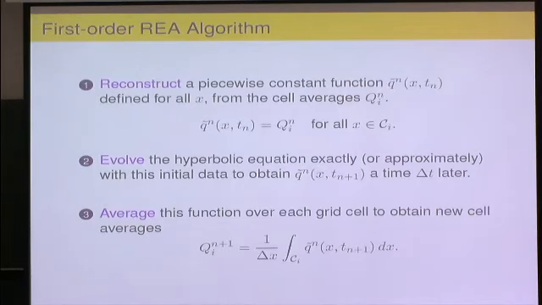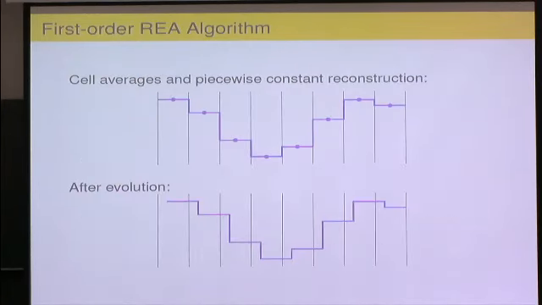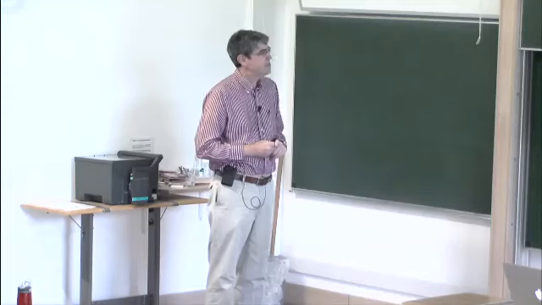The first way that I described you could also think of as reconstructing from your cell averages a piecewise constant function, evolving the hyperbolic equations exactly with that initial data, and then averaging over the grid cells. Again, rather than actually computing this average, instead we look at the contribution that each wave makes to the cell average.